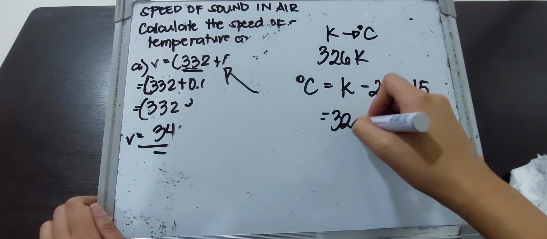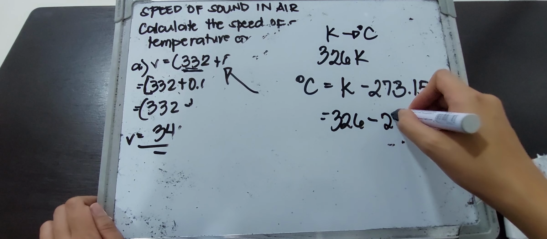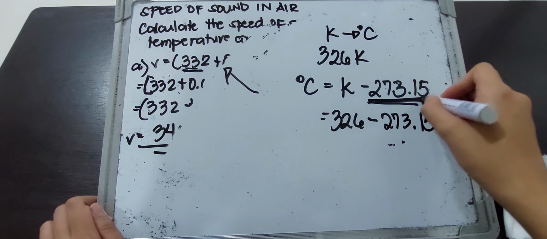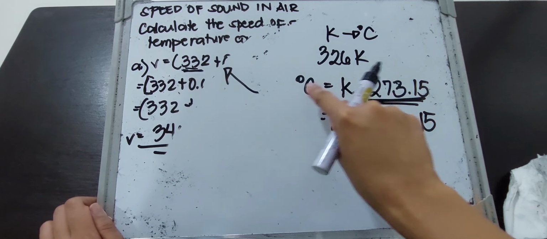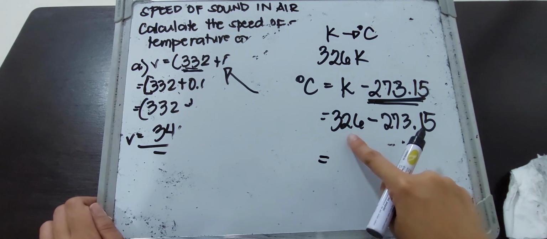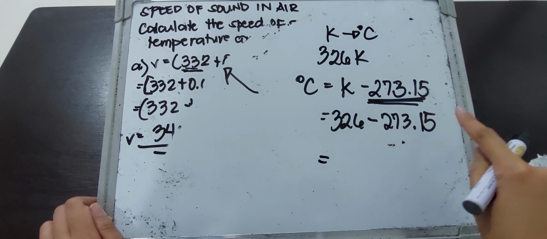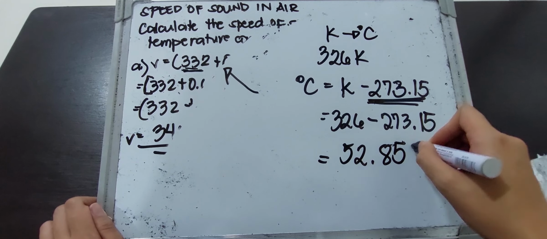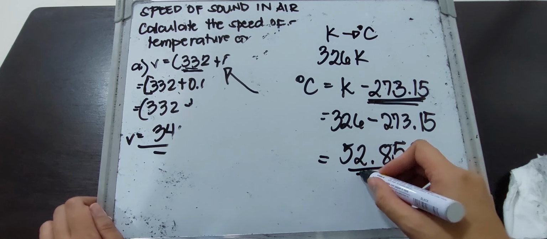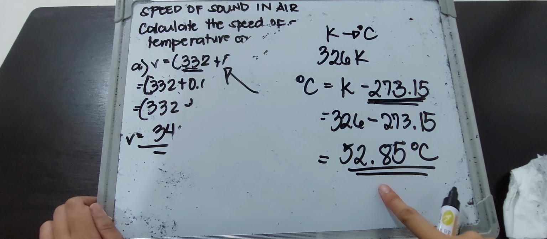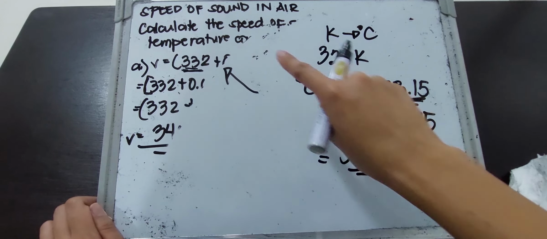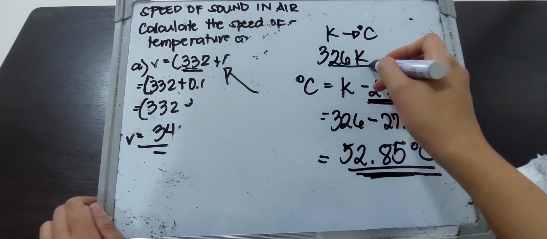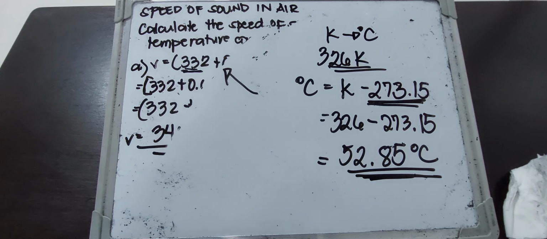So, 326 Kelvin minus 273.15. This is always what we use when subtracting to get the Celsius. So 326 minus 273.15 is 52.85 degrees Celsius. So, this is what we are going to use if we compute for the speed of sound. This degrees Celsius, not the Kelvin, not the Fahrenheit.